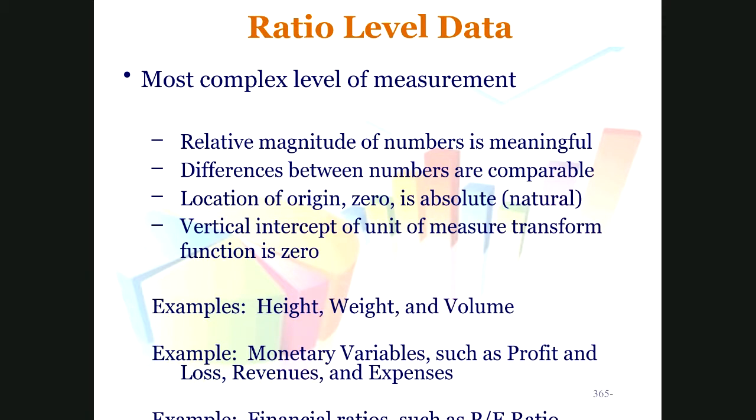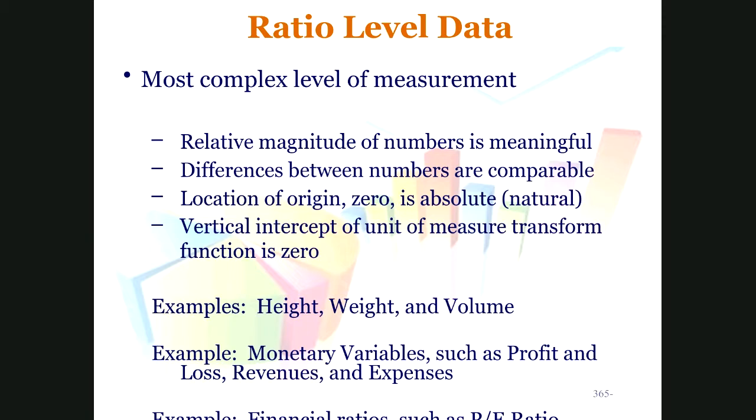Now we come to the most complex level of measurement. As I said previously, this is the one that most people do analysis on, and this is what most people understand. It's sort of the easiest to understand, even though it's a more complex level of measurement.